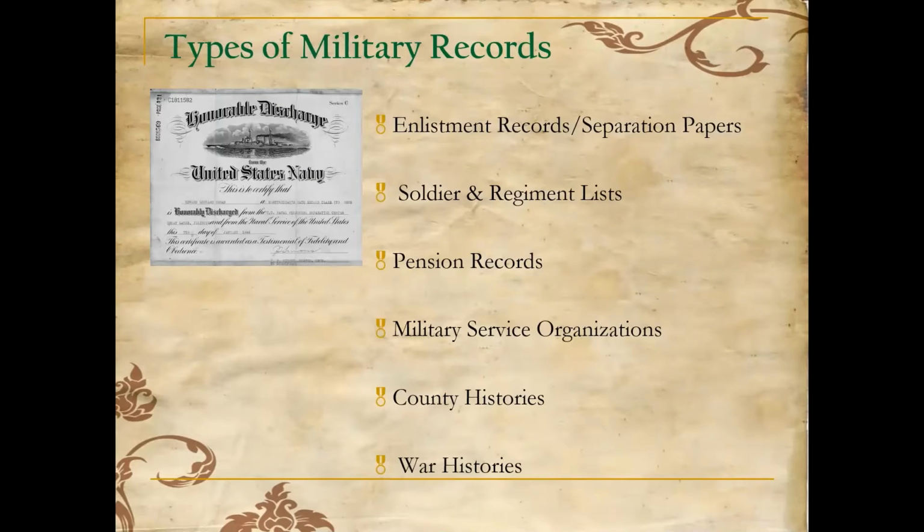But then there are things that are called war diaries. The war diaries are the types of things that would be kept by the company clerk. Think of Radar O'Reilly. The company clerk would keep what's called a war diary, and the diary would be a list of every transaction for that particular unit throughout the course of the war. Every place they went, everybody who was in that unit, their supplies coming and going, when they needed to be reinforced, all of that would get written down in a war diary.